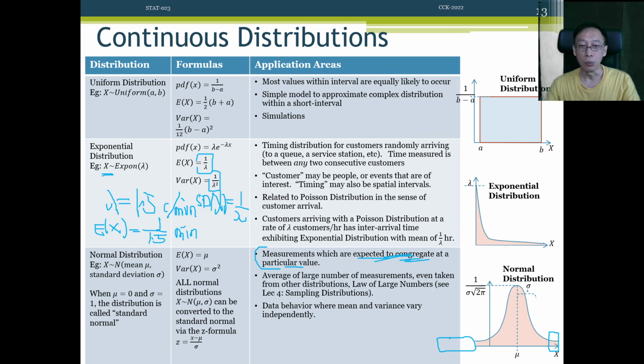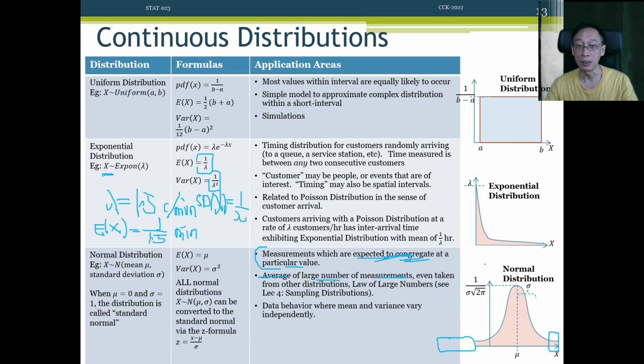The other case is whenever we sum up a large number of measurements, or we take the average of a large number of measurements from any distribution, so long as they are identical, then the law of large numbers will take place.